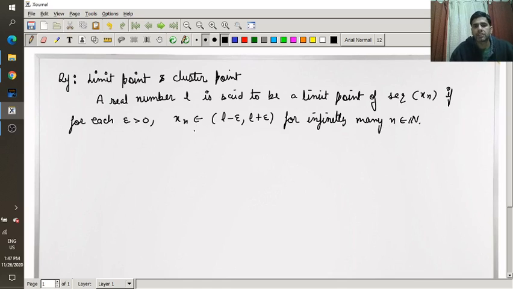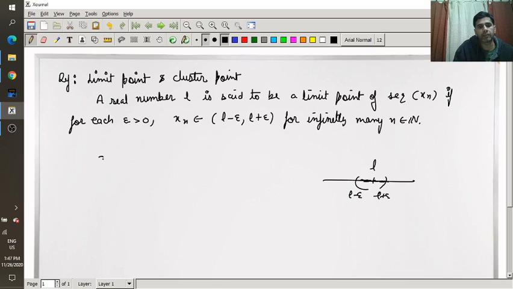The meaning of this is just that any point is said to be a limit point if it contains infinite number of terms of the sequence in this interval.